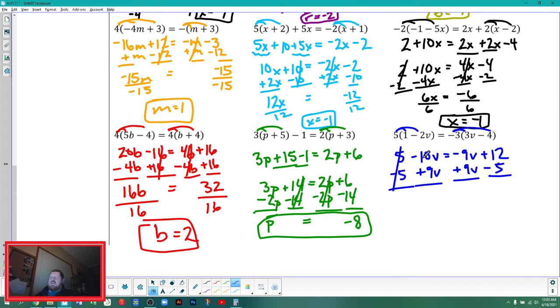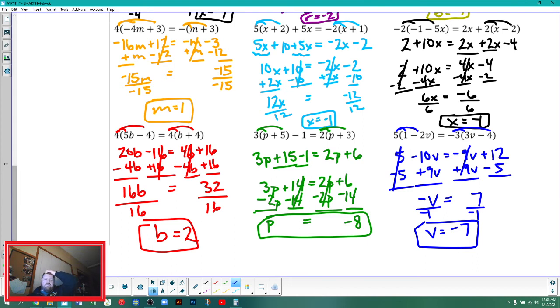Those cancel. Negative 10 plus 9 is negative 1v. 9v's cancel, and here we get positive 7. Negative v equals positive 7. Positive v equals negative 7. Or you can think divide by negative 1. Either way would be just fine.